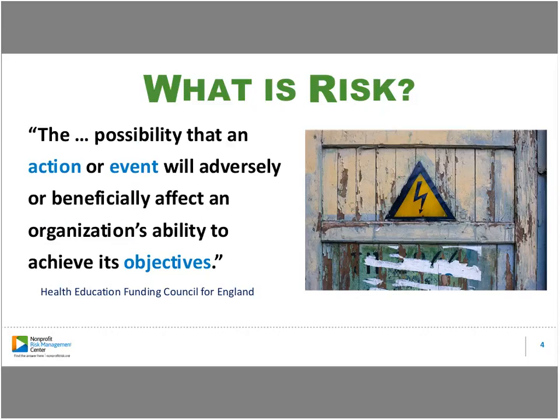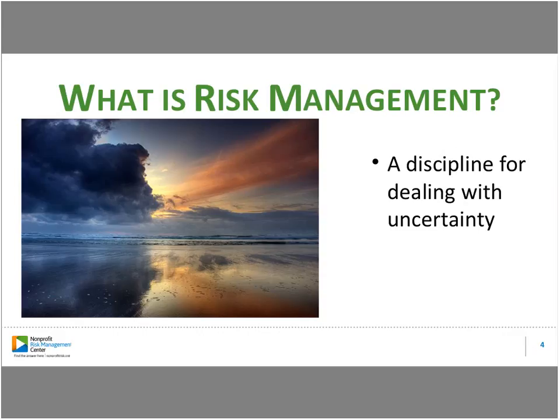I talked about it quite in depth. Risk management is a discipline or a tool for dealing with uncertainty that arises as a result of acknowledging and identifying risks that exist within an organization's operations or as a result of something that an organization is doing, some type of activity that they're doing.